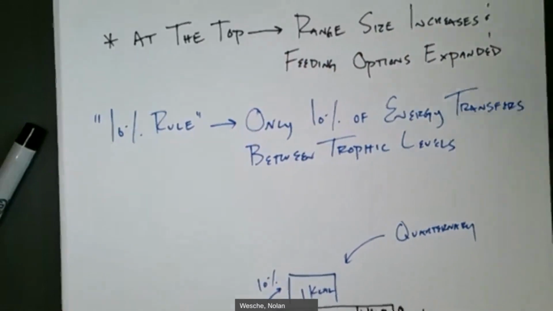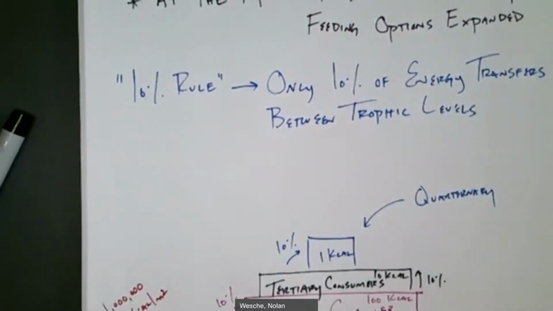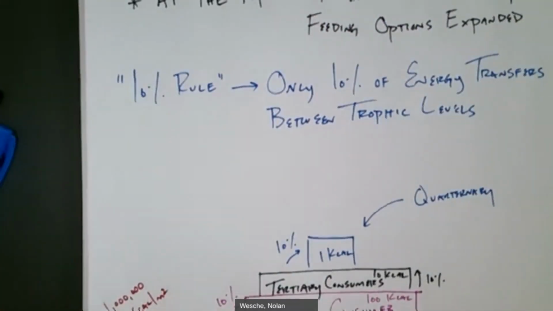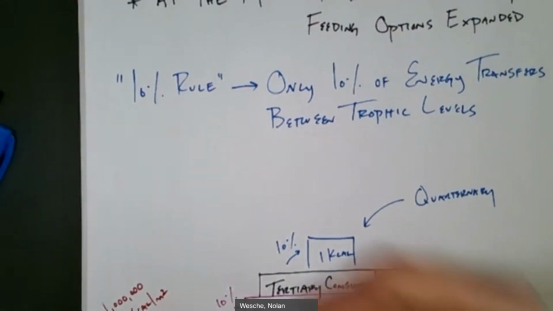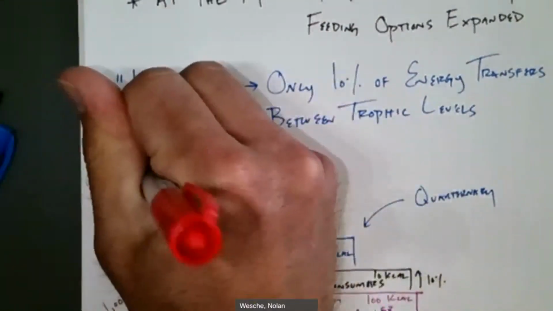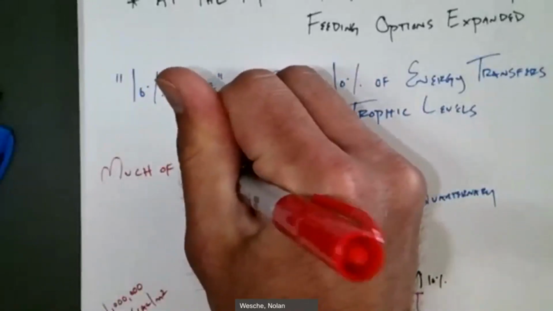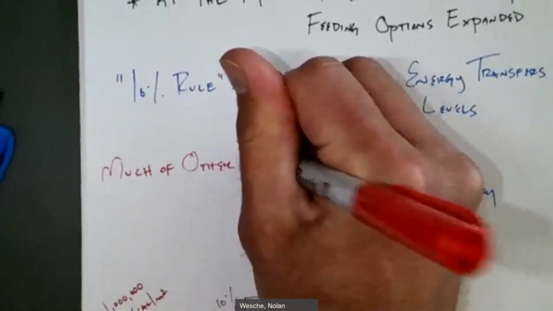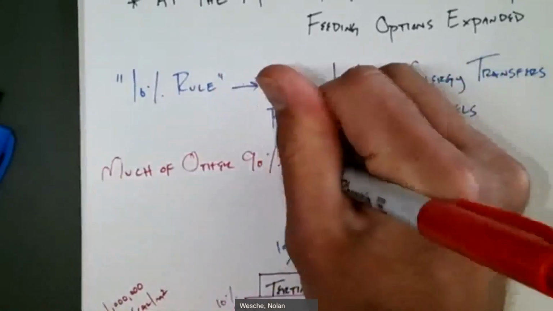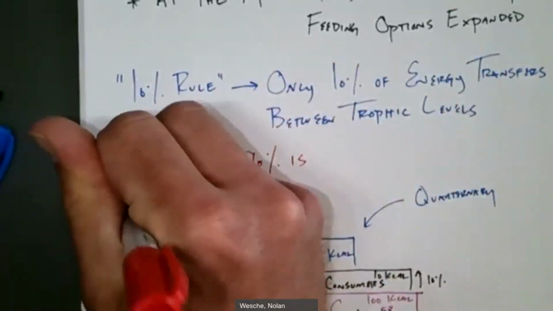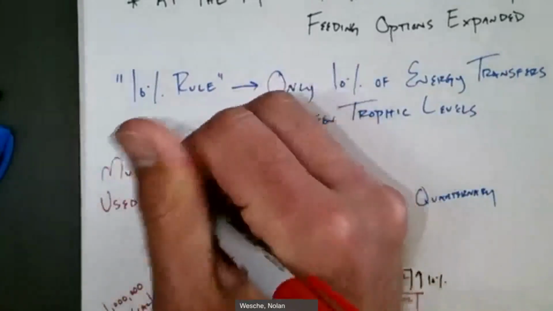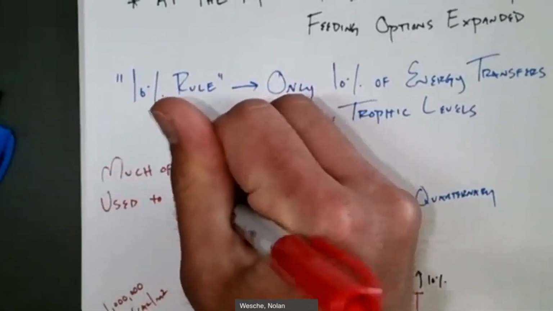So then the question is, what happens to the other 90%? And we said that much of that other 90% is used to maintain homeostasis.